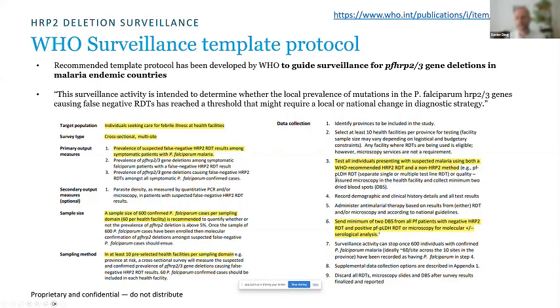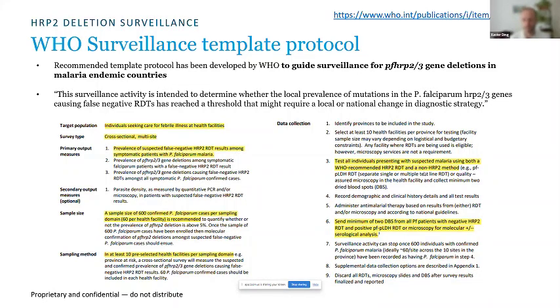And the way it goes, it's recommended that basically you would test everyone with a WHO recommended HRP2 based test, and in parallel with a non-HRP2 method, be it an LDH RDT or microscopy.